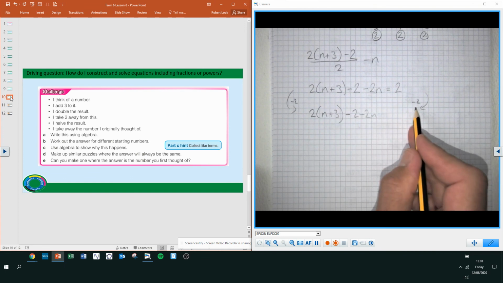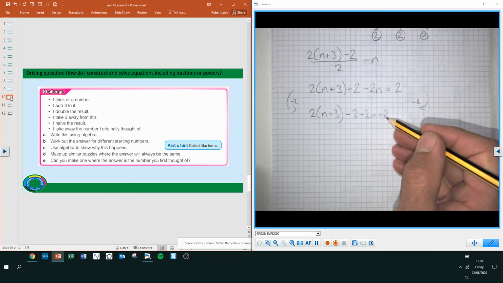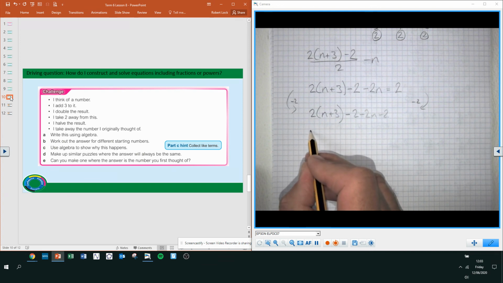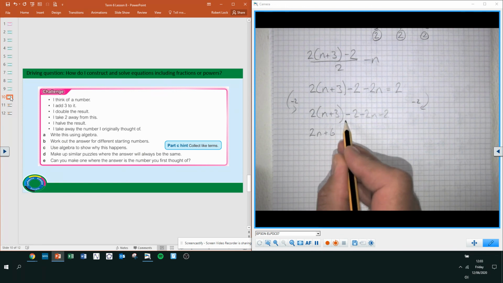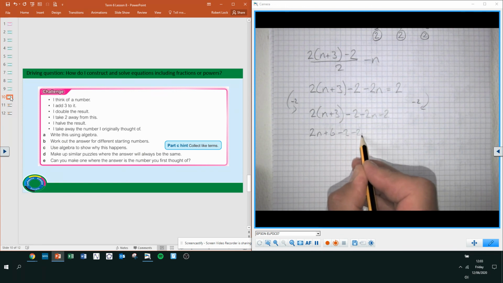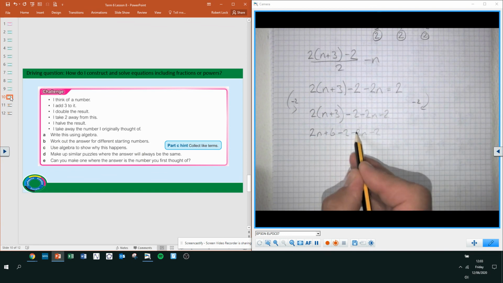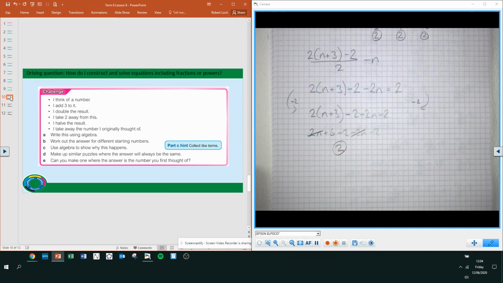So, multiply the bracket here. 2 times n is 2n, plus 2 times 3 is 6, minus 2, minus 2n. So simplifying through, 2n take away 2n, that's nothing. 6 take 2 is 4, take away 2 is 2. Answer, 2. No matter what number you put in here, the answer will be 2.